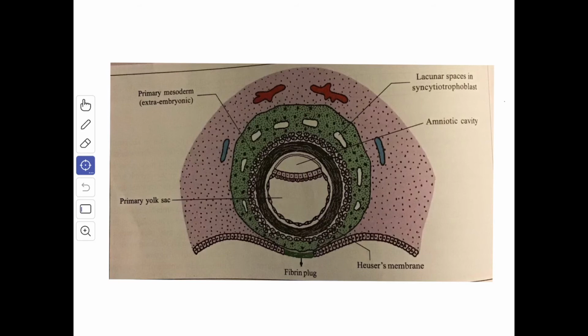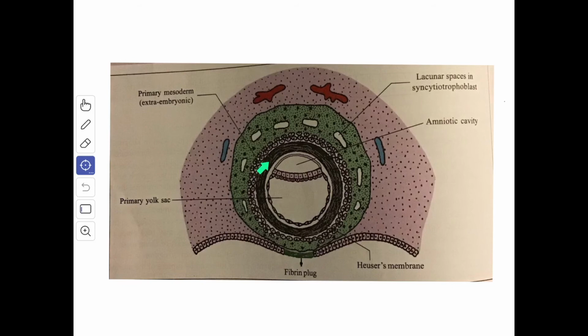In the later part of the second week, a loose network of cells, which is known as the primary extraembryonic mesoderm, appears between the trophoblast externally and the amnion and the yolk sac internally.